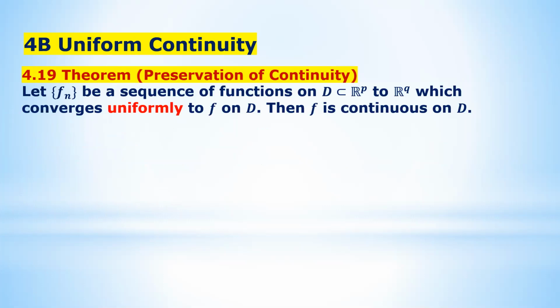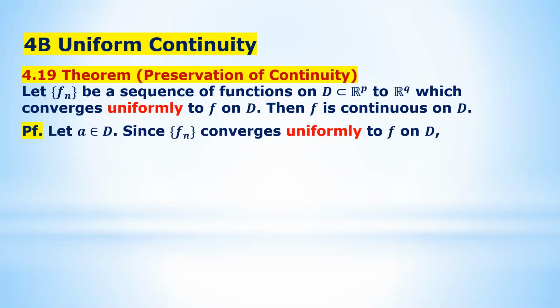So let's say that Fn is a sequence of continuous functions, converging uniformly to F. Sorry, I forgot the words continuous function. So this sequence of continuous functions is uniformly converging to F. Then we're going to show that F is also continuous on D. Now the proof is not long, but it's technical. So you have to learn the argument carefully.